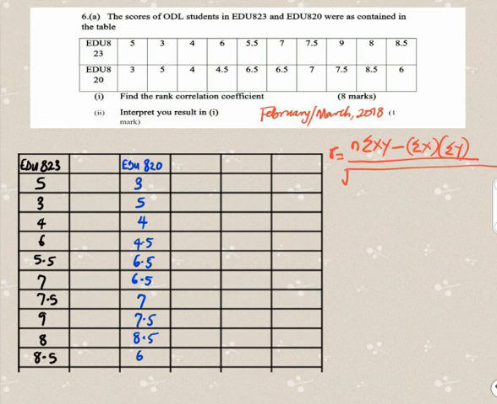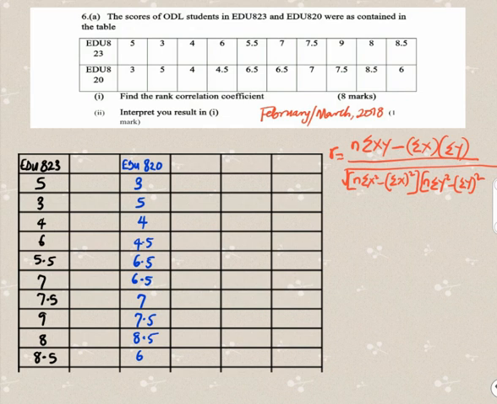We're going to take the roots of n summation x squared minus summation x, which is going to be squared, then multiplied by n summation y squared minus summation y everything squared.